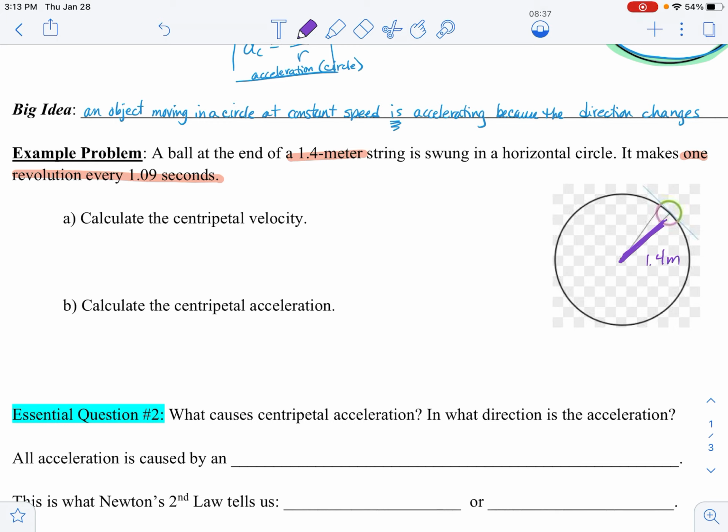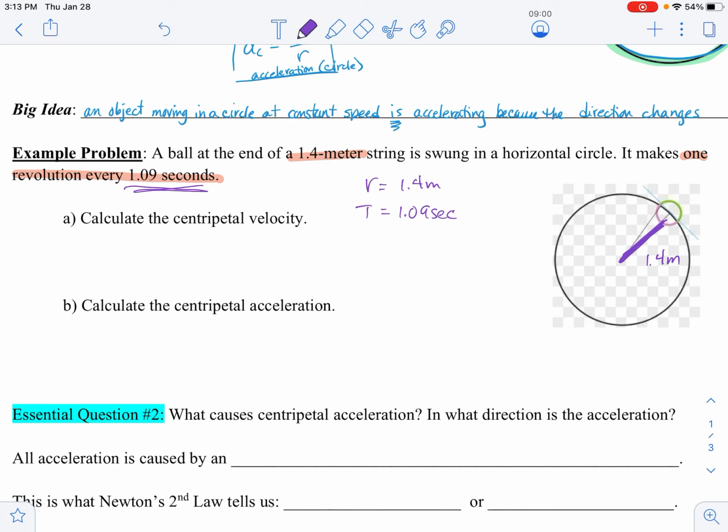Think back to your geometry, that's our radius, right? 1.4 meters. And then it takes 1.09 seconds to go all the way around. That's our period of revolution, 1.09 seconds. We know it's a time number because it's measured in seconds. Okay? And that's all the problem gives us.